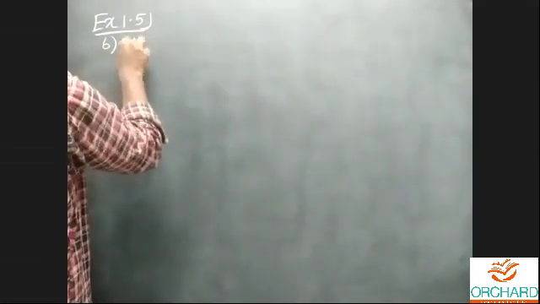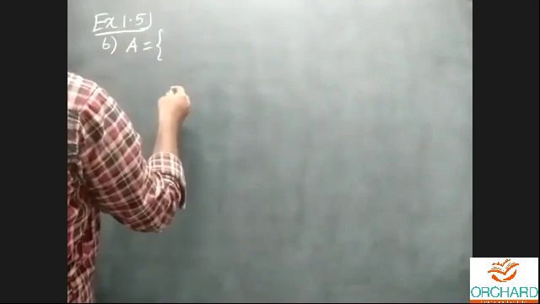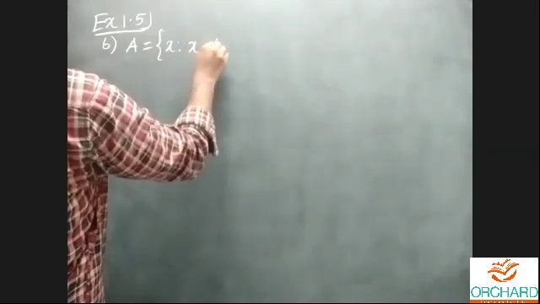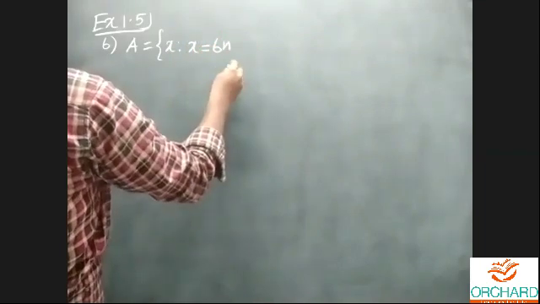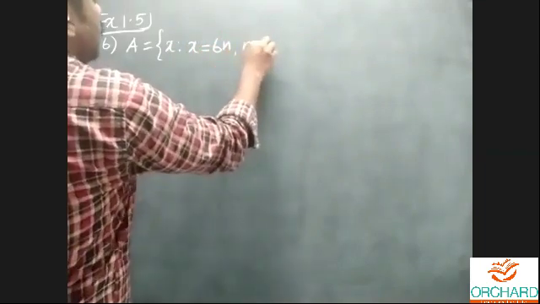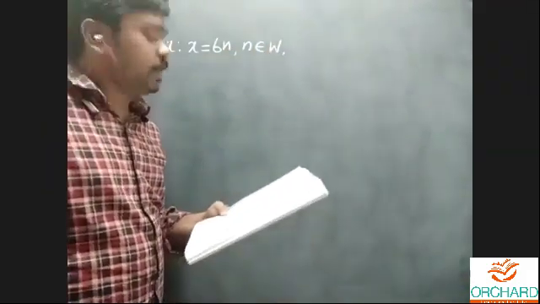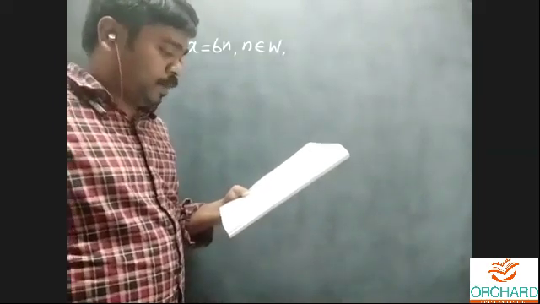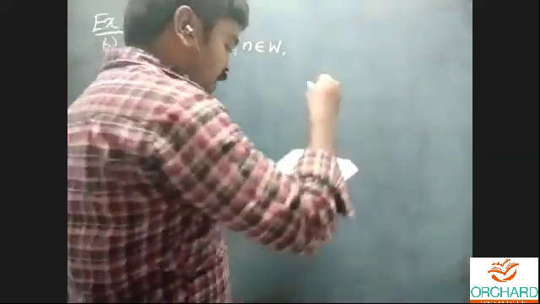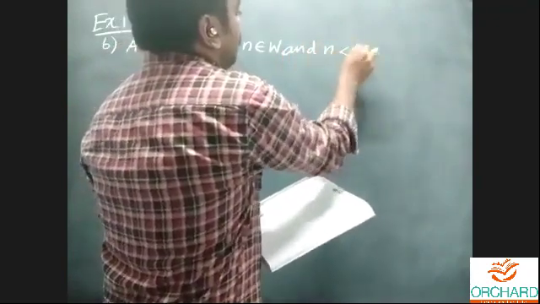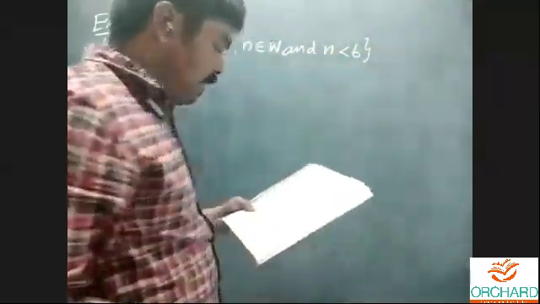Here they define set A in set builder form: x such that x is equal to 6 times n, where n belongs to W. W is called the whole numbers. Then they give the range for n: n less than 6.